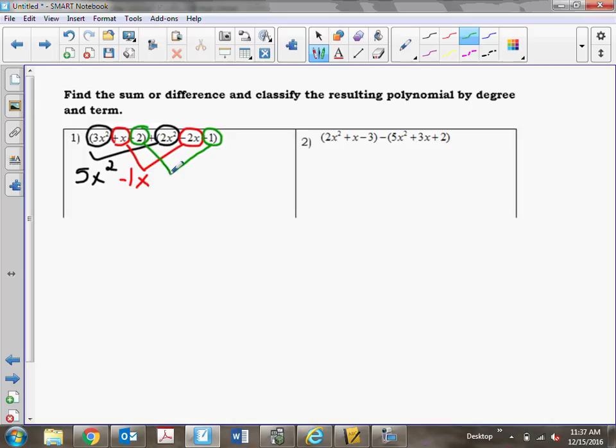Whenever I combine a 2 and a 1, I get a positive 3. So we end up getting the answer of 5x squared minus 1x, or just minus x, plus 3. Let's go ahead and name this. This has a degree of 2, and it has 3 terms to it, so we would call this a quadratic trinomial.